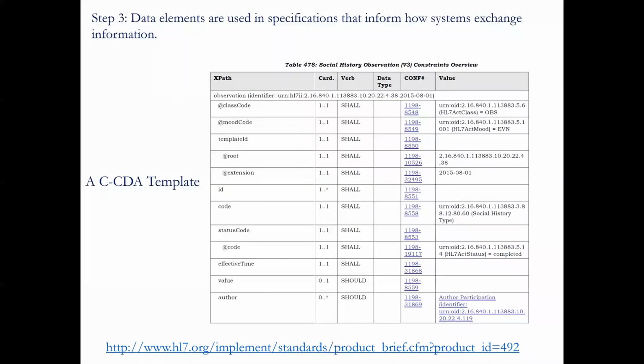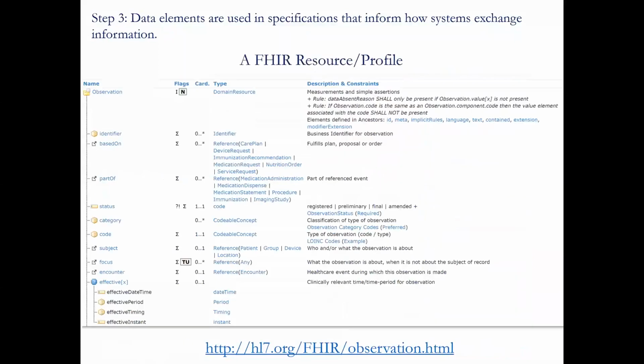This picture is really showing you the way CDA makes some template data structures, but the same thing is going on with that newer standard called FHIR. Here you see an observation type of data structure, and it's pulling together different data elements, including codes and categories of codes. You can see the value set being used here that they're binding to, coming from LOINC.